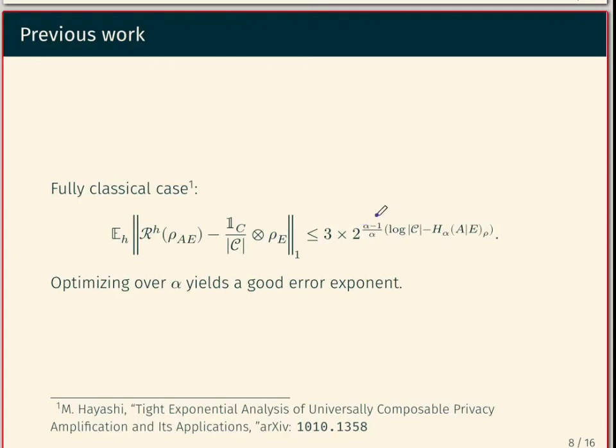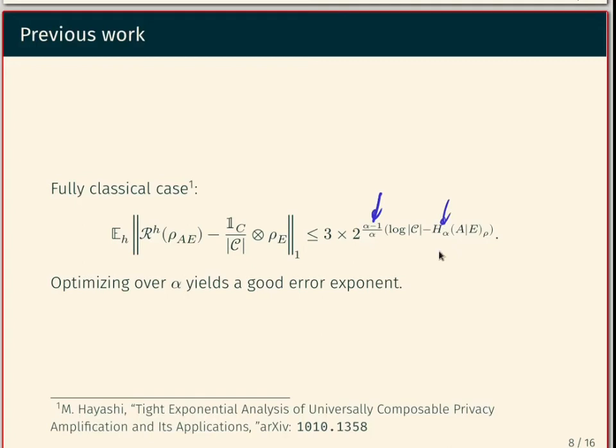The prefactor here changes from 1/2 to alpha minus 1 over alpha. And then we get this H alpha here as we want. Optimizing over alpha here gives a good error exponent in the IID case. And of course it's fully usable as well in the general case.